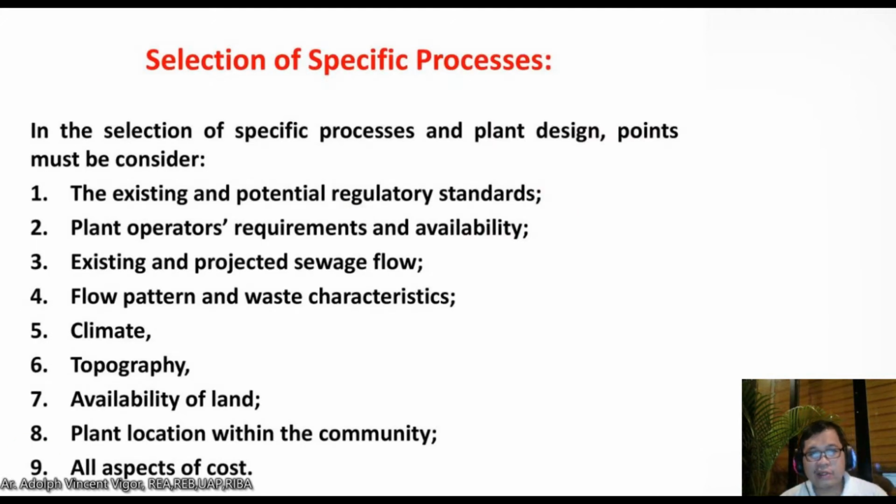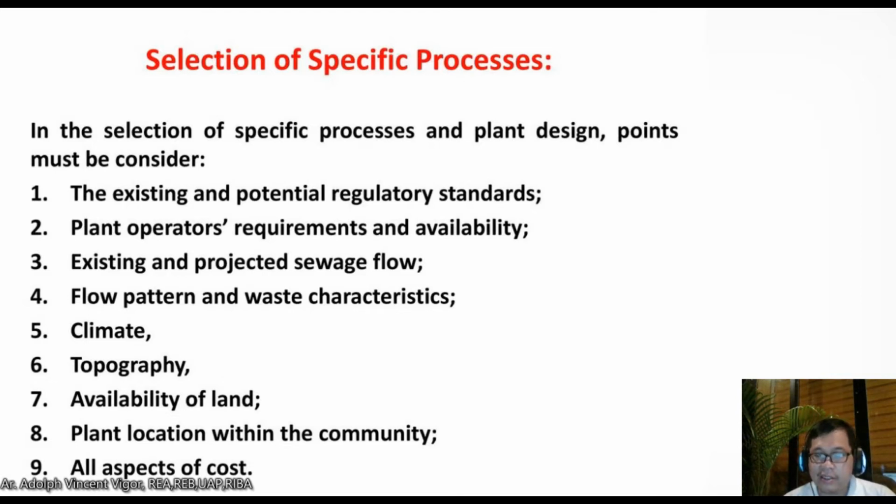So in the selection of specific processes and plant design, these points must be considered. First is the existing and potential regulatory standards. In the Philippines, we have the National Sanitation Code and the National Plumbing Code. Two, the plant operator's requirements and availability.